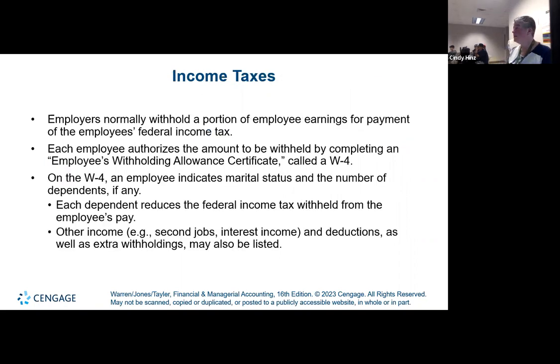So how does the company know how much to withhold from your paycheck? Well, when you start working for a company, you're going to complete it. And I need to make a comment here. What I am talking about in all of this is what I would call legal employment. So if you are being compensated under the table, I'm putting that in quotes, you should recognize that what you are doing is illegal.